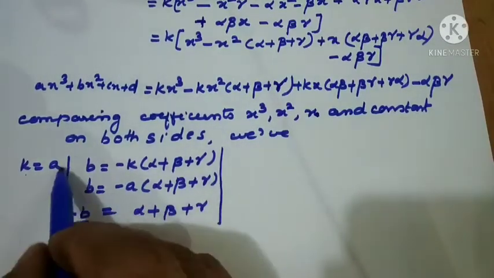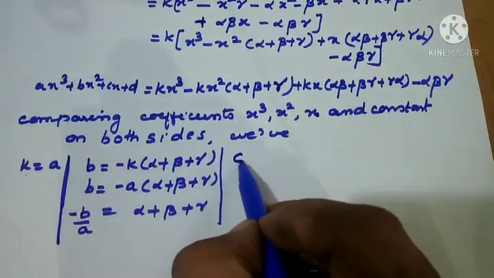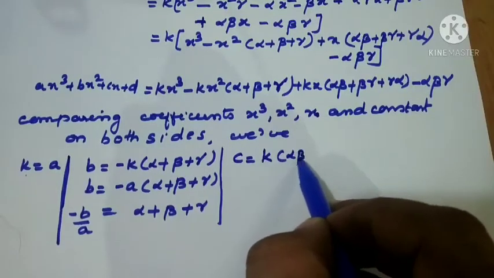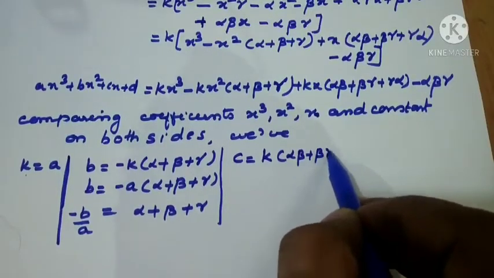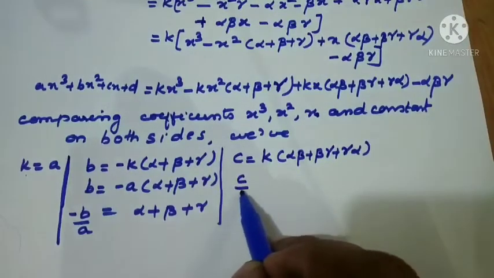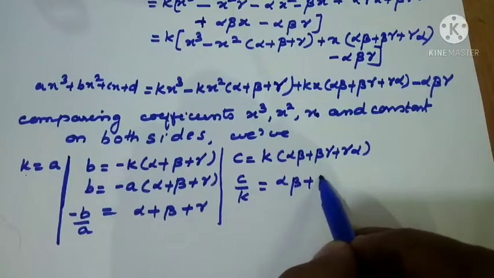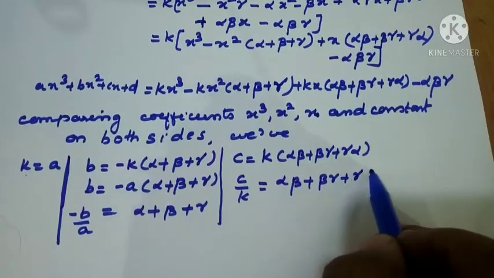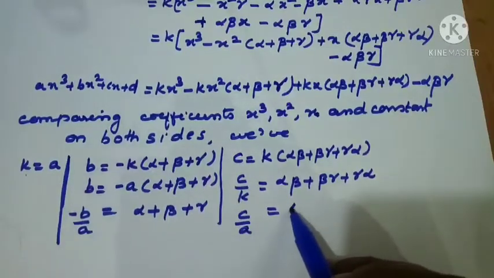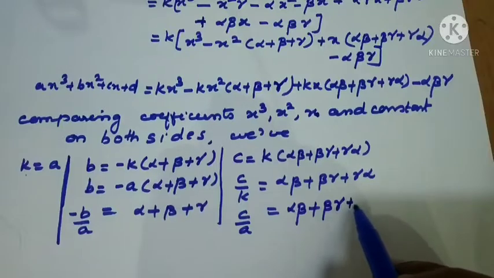Similarly, comparing the coefficient of x on both sides, c equal to k into alpha beta plus beta gamma plus gamma alpha. That means c by k equal to alpha beta plus beta gamma plus gamma alpha, or we can say c by a, because the k value is equal to a.